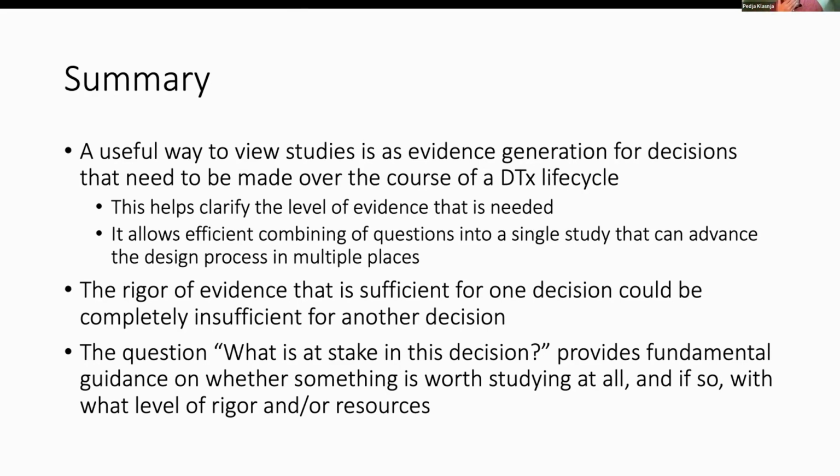So if you think about this BENEFIT project, it was both a feasibility question, whether this whole thing is worth continuing with going forward, as well as a number of optimization questions for individual components contained in the package. What rigor of evidence you get from a study might be perfectly sufficient for making one decision and completely insufficient for another decision. In the case of BENEFIT, the feasibility results are good enough to say there is something here.